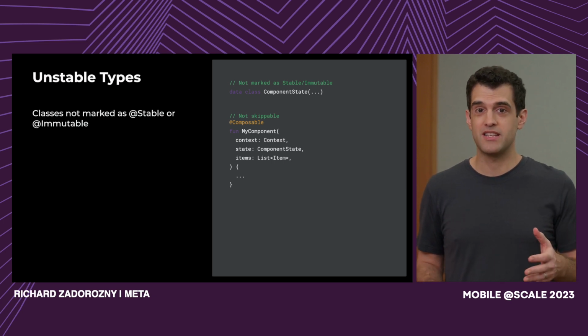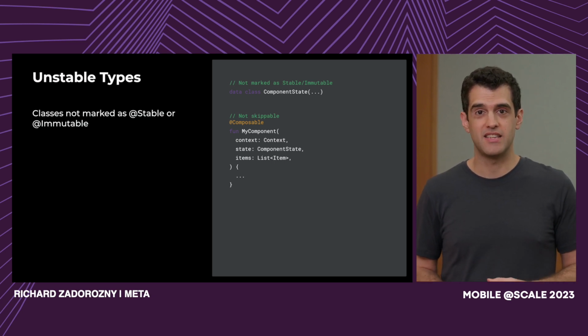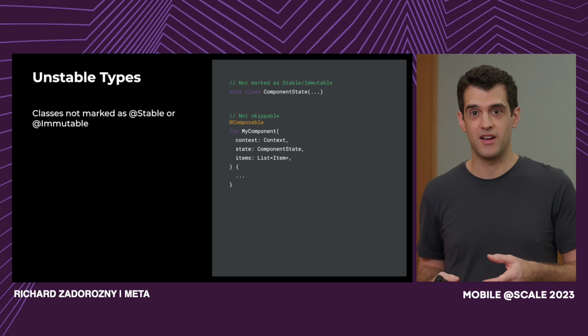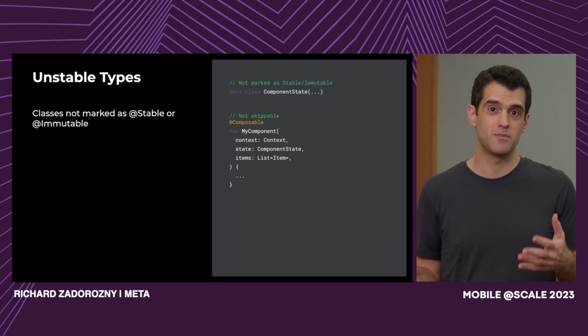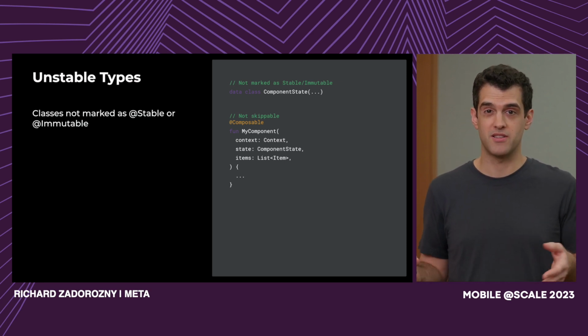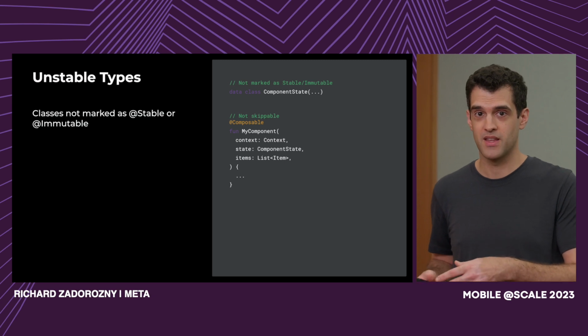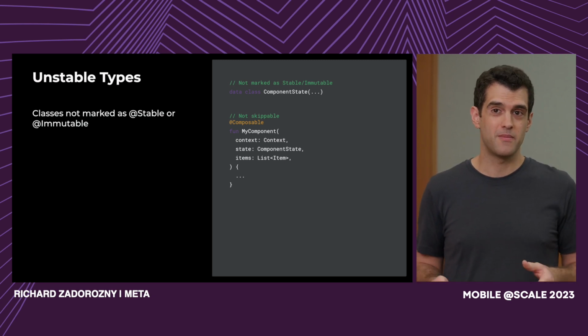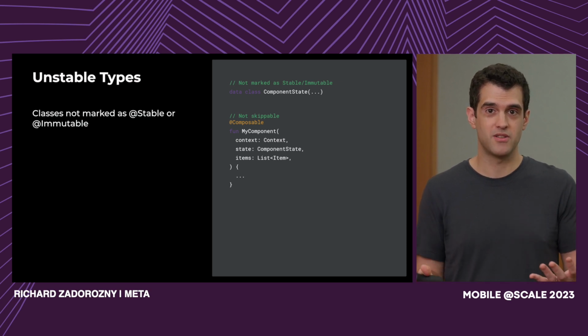So stability in Compose is the idea that for a class or object, if any data or value inside there changes, Compose can observe that change and make smart decisions about what to recompose. And this is really good for performance. The problem is that you have to opt into this behavior.